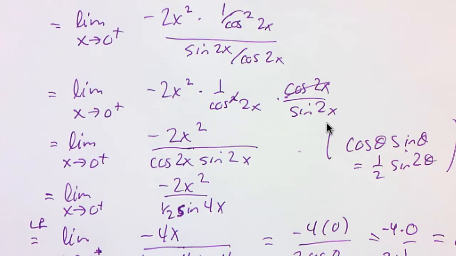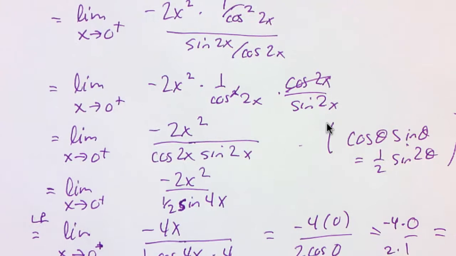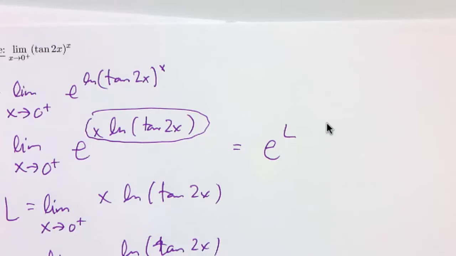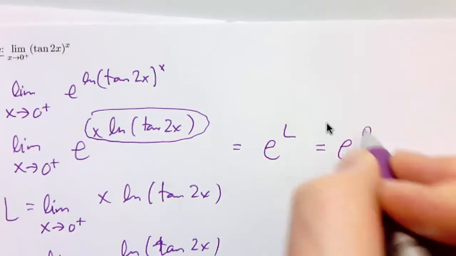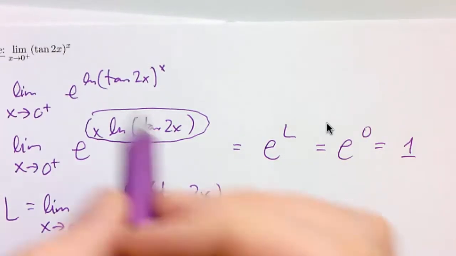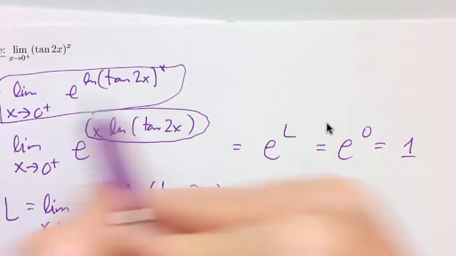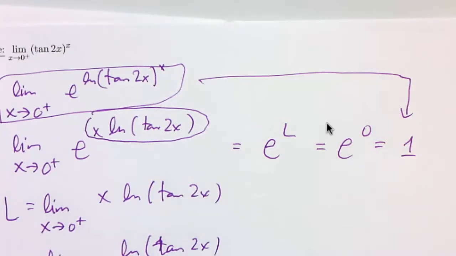Now remember, in the beginning, that's the value of the exponent. To evaluate the whole limit, we needed e to the L, so that's e to the 0, or just 1. So that shows the value of our original limit. That one's messy.